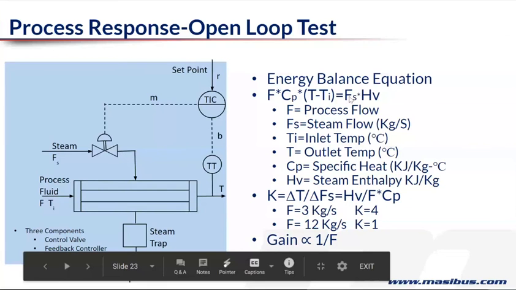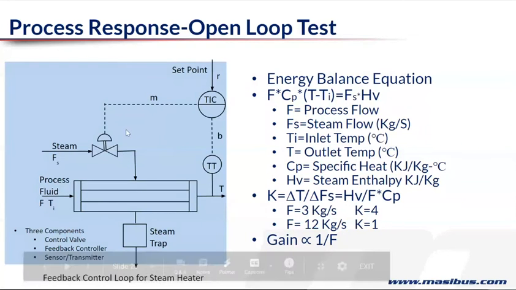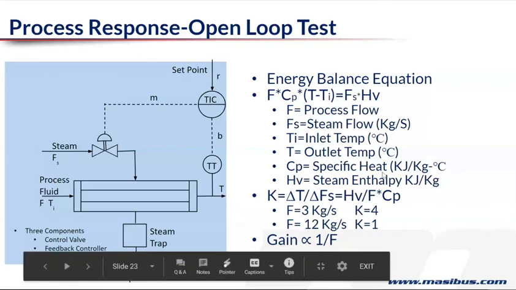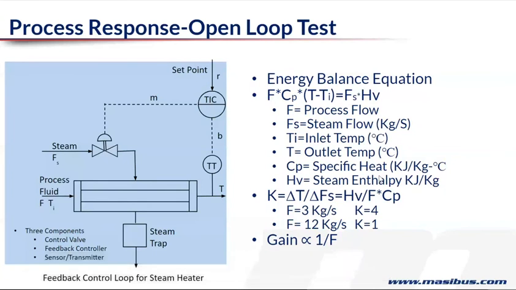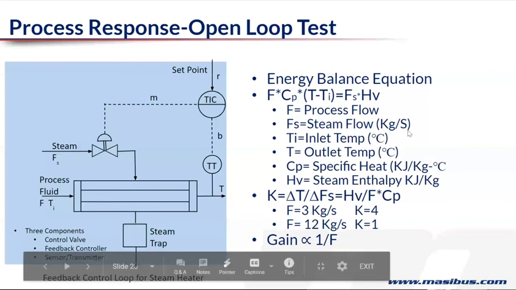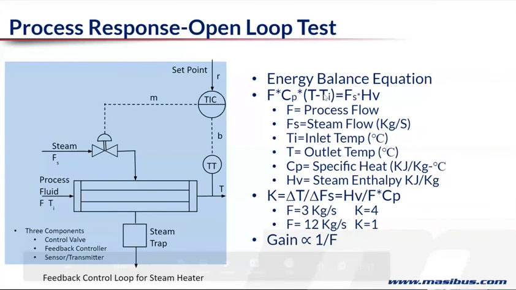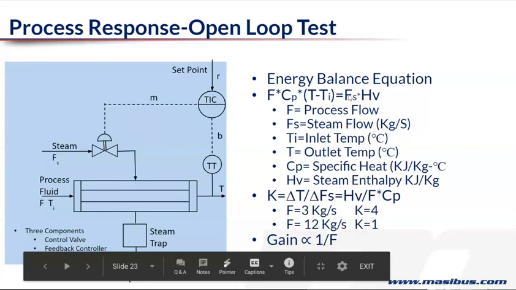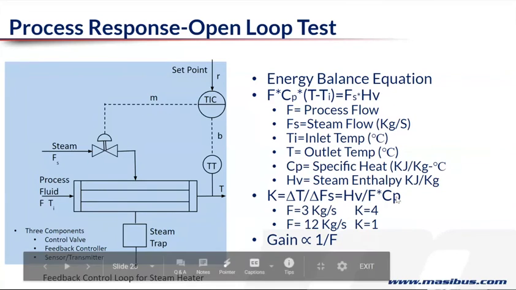is equal to the capability of the steam to transfer heat, Fs, the flow of the steam, into HV, the steam enthalpy, or the rate at which it is transferring heat to the media. So in this equation, delta T over delta Fs, the increased steam flow required, reduces to HV by flow into Cp.